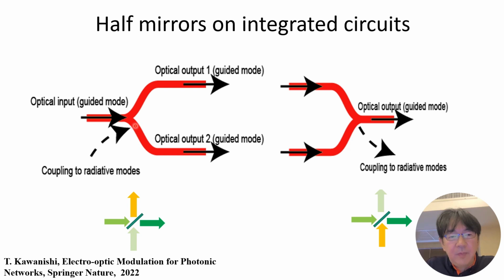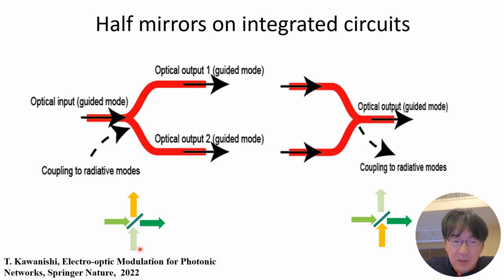But if we look at the mathematical structure of this device, it has another input coupling to a radiative mode. In the half mirror, we use only one input port here, and we can get two optical signals. But here is another unused input port.